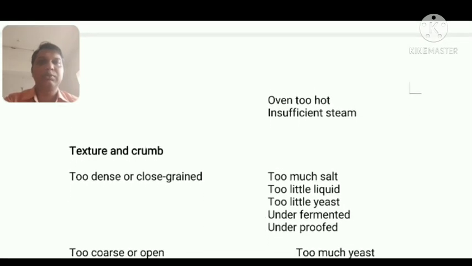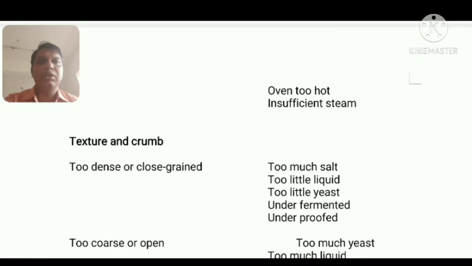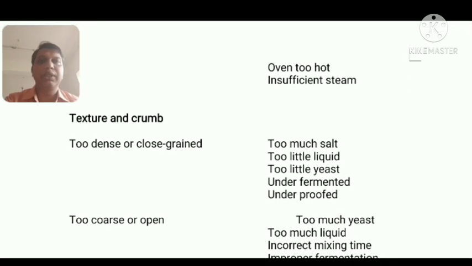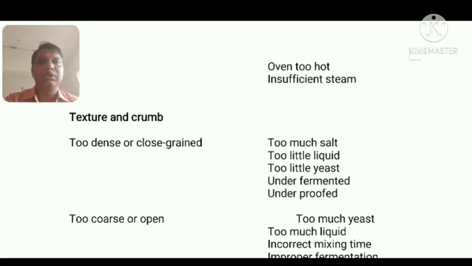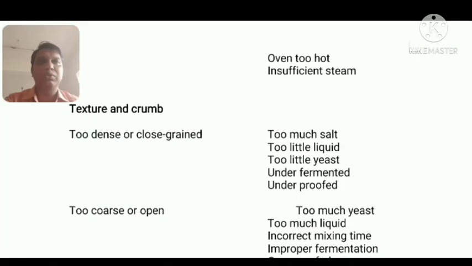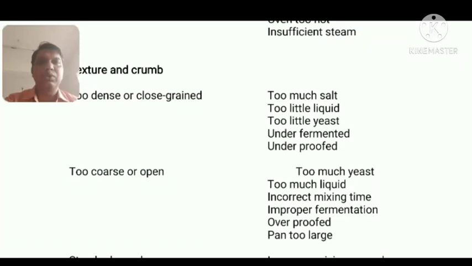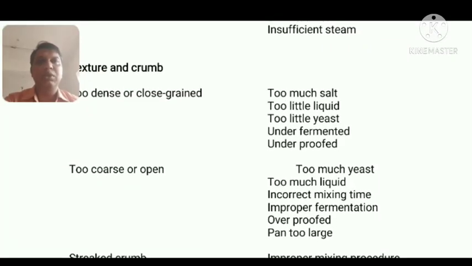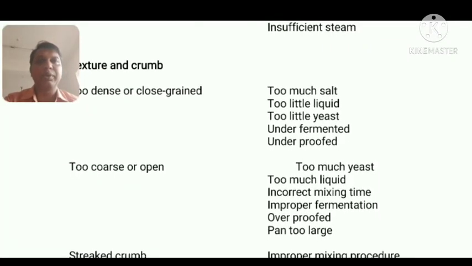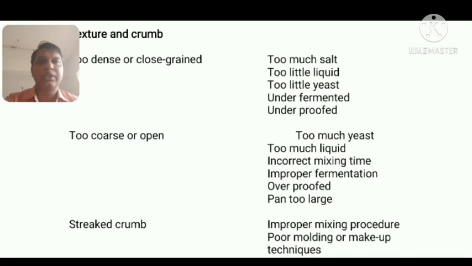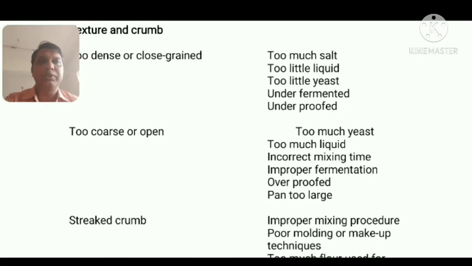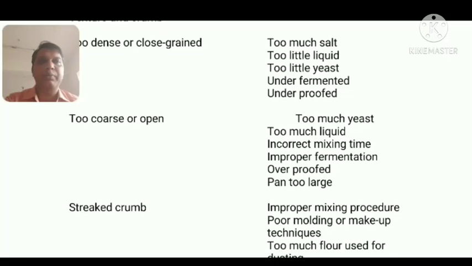Texture and crumb: too dense or close grained texture is due to too much salt, too little liquid, too little yeast, or unfermented or underproofed dough. Too porous or open means the bread has pores or big holes, or a very light texture. The reasons: too much yeast, too much liquid, incorrect mixing timing, improper fermentation.